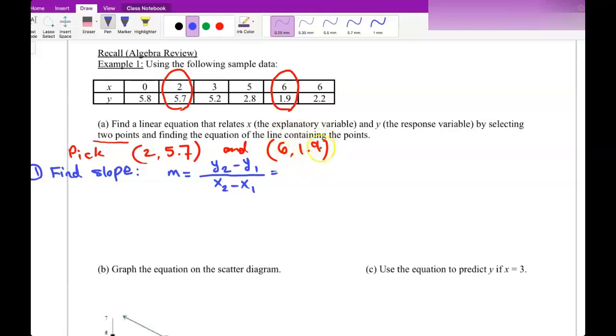I'm choosing this one for x2, y2, and the first one for x1, y1. So that is 1.9 minus 5.7, divided by 6 minus 2 for the x's. That's equal to negative 0.95. So we have a negative slope.